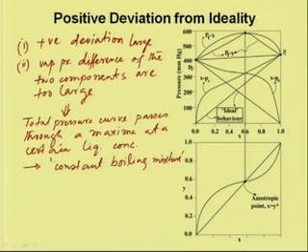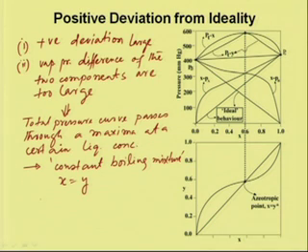As we can see, at the azeotropic point, where the total pressure curve reaches a maxima, the concentration of x is equal to y.